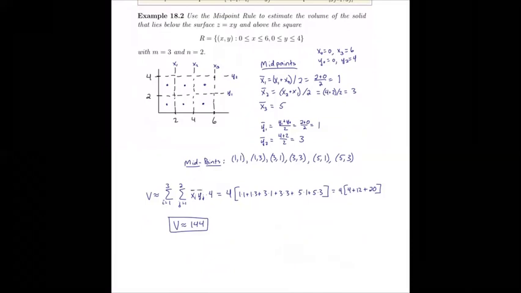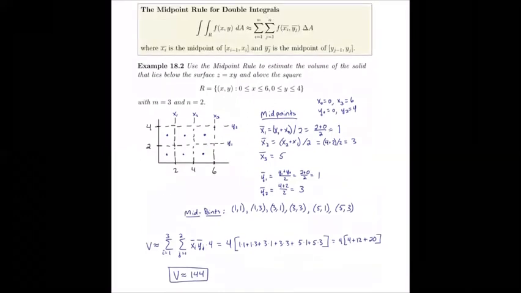Of course, 4 times the sum of all those products gives us 144 as an approximation of our volume in this case. So a little bit different than the 288 we saw before, but we're using different points, and with a volume like this, things can really get away from us if we're not using an accurate approximation rule.